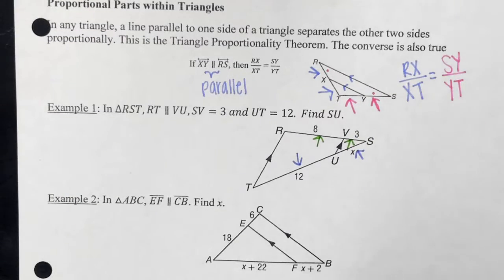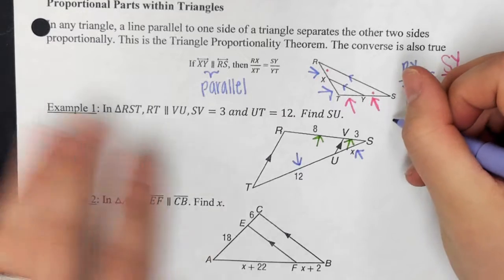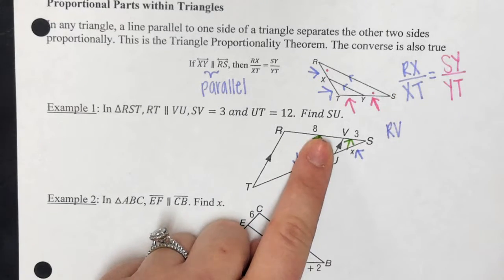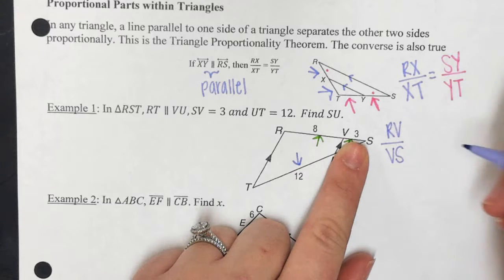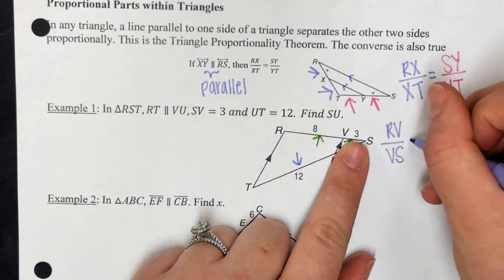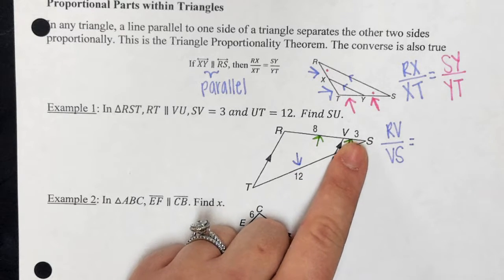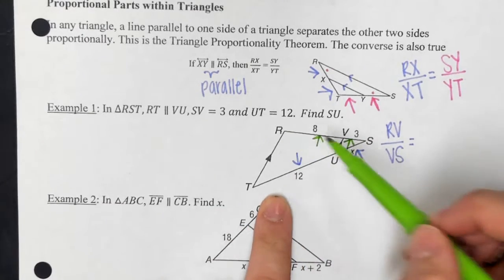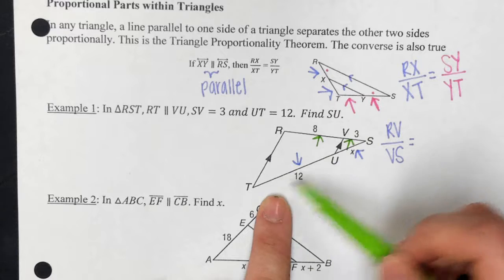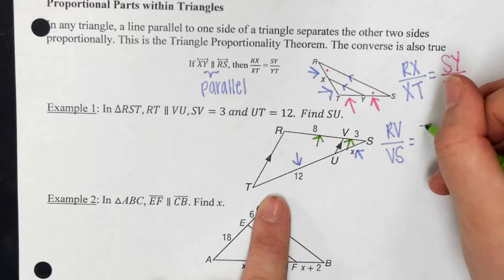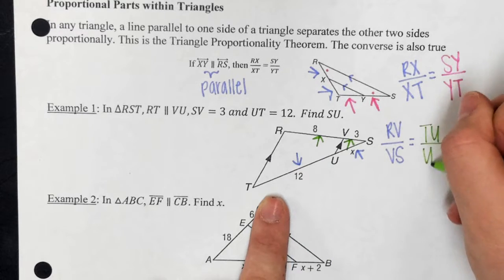So now we're talking side to side. If I put RV on top, it's proportional to VS, which goes equal to, if I use RV right here this time, then I need to use TU over US.